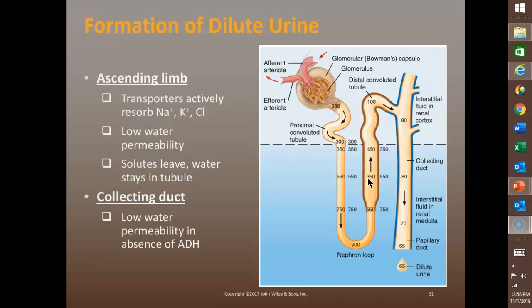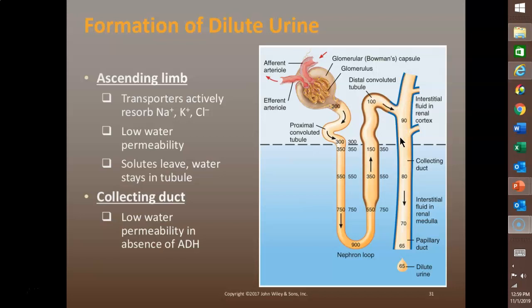But if there's not ADH present, not a lot of water, if any, is going to be leaving. So the solute concentration is going to increase as the osmolarity of this fluid is now increasing as well. Because without ADH, the urine is retaining water. So water staying in through the ascending limb and then into the distal convoluted tubule.